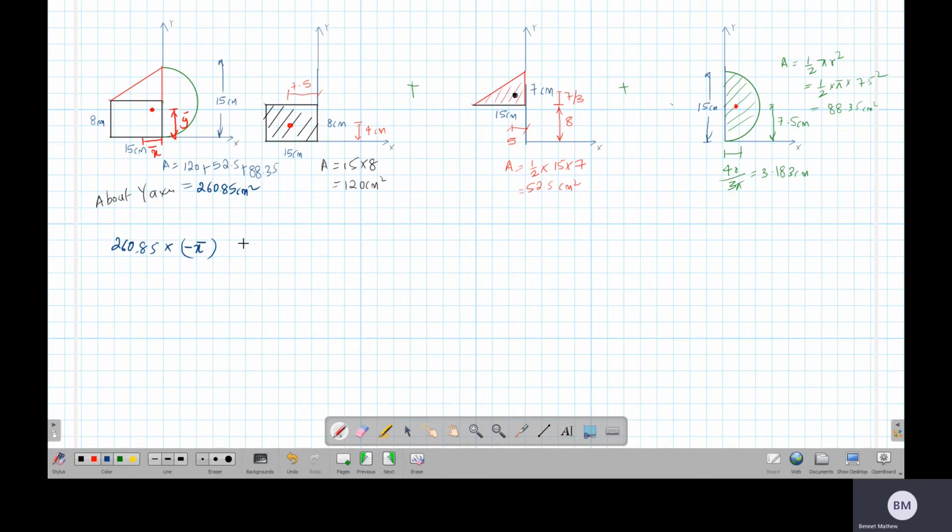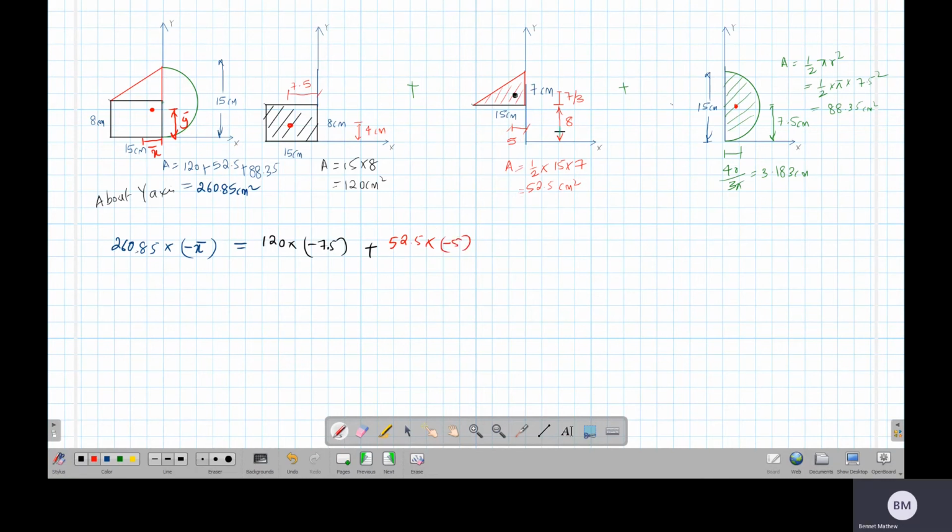So this should be equal to, this area 120 times the perpendicular distance, which is minus 7.5, plus this area 52.5 times the distance minus 5.